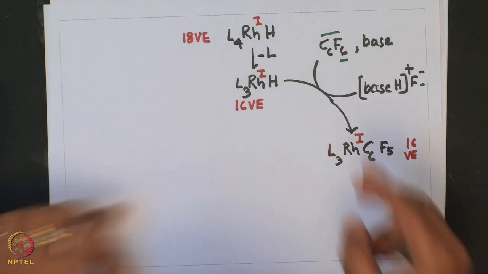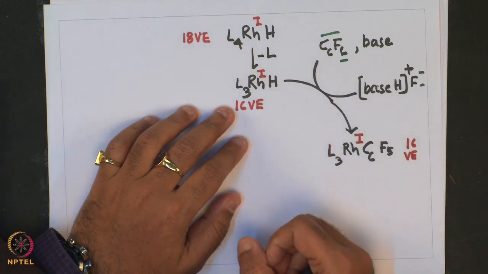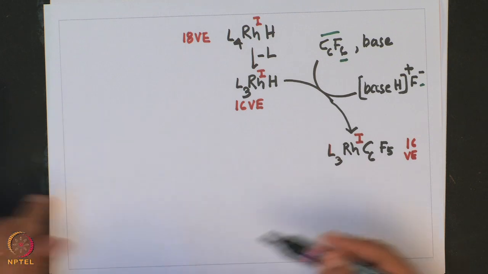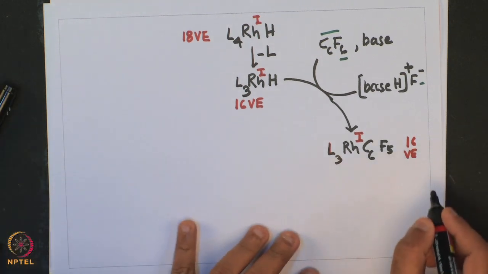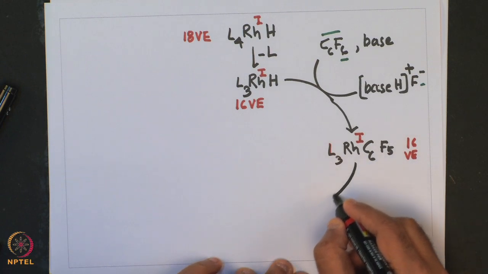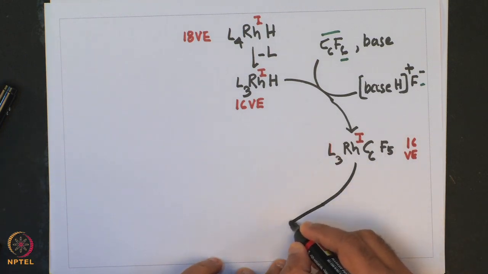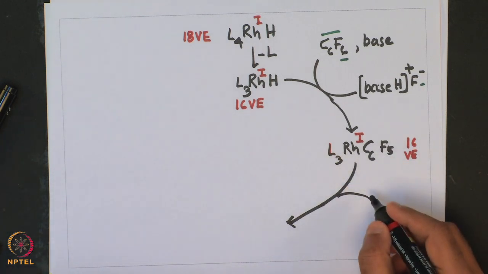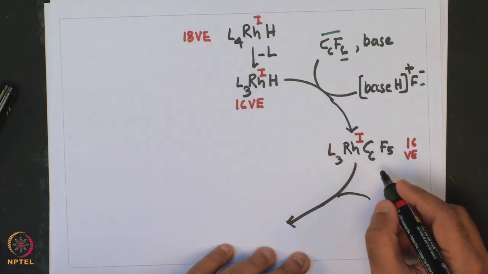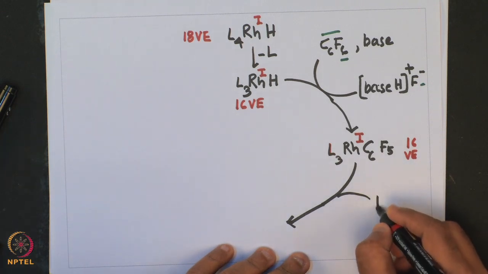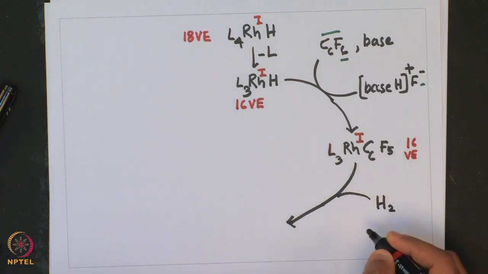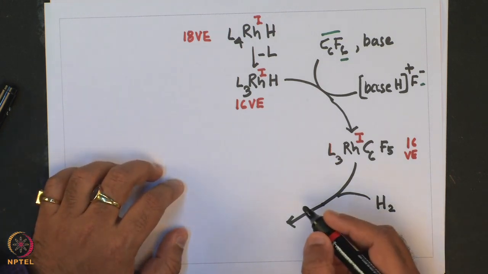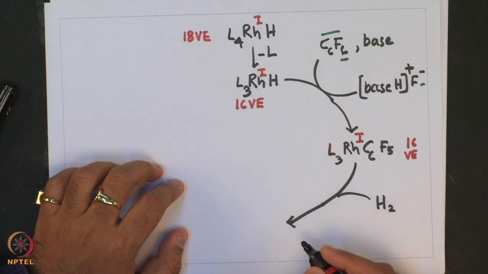So, now that CF splitting has happened, the second reagent, which is the dihydrogen, reacts with this L3 rhodium perfluorophenyl complex, giving this rhodium dihydride complex.